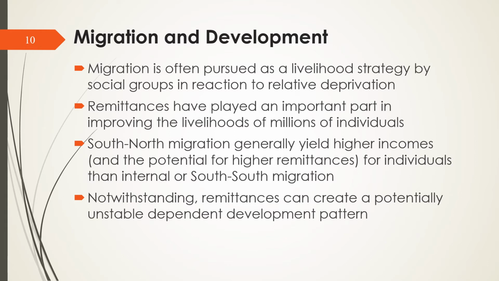Internal migration or south-south migration is less selective and costly than south-north migration, and thus the effects of the latter are more likely to increase inequality. For example, studies in Mexico showed that an increase of international remittances increased rural inequality by almost 3% compared to a similar increase in internal remittances, which reduced rural inequality by 0.1%.